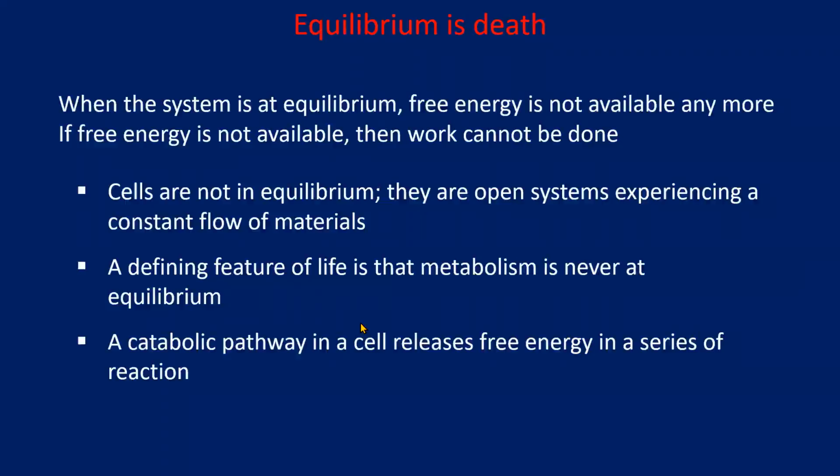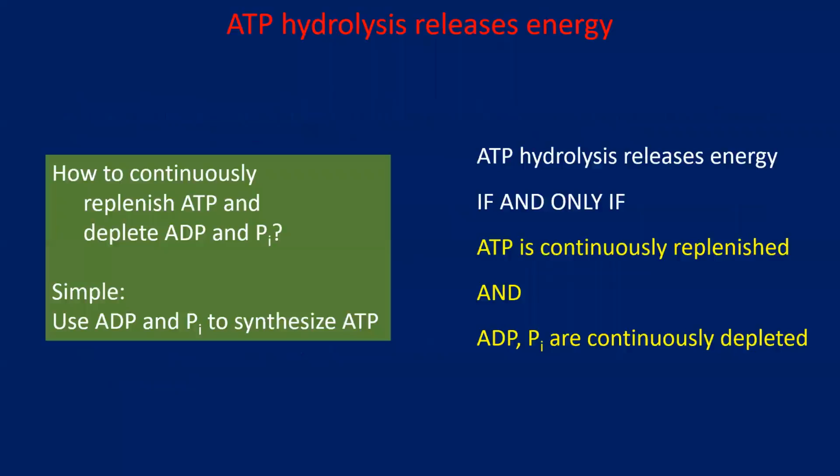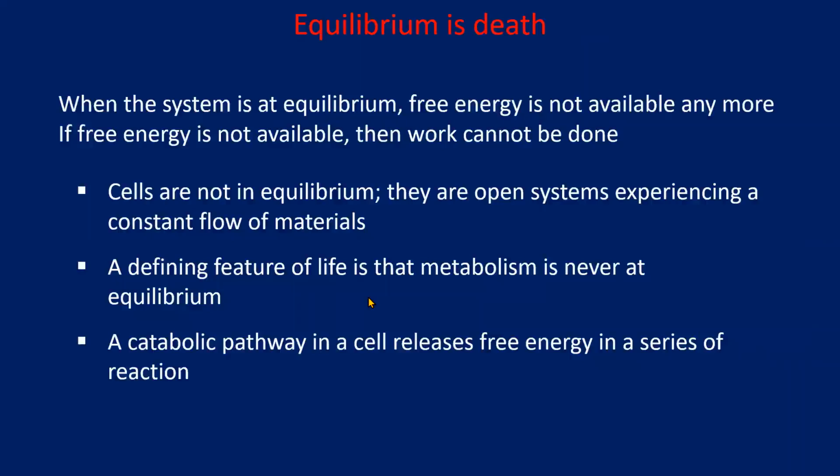If the number of ATP molecules is not replenished, or ADP and Pi molecules are not reconverted into ATP, then eventually there would be an equilibrium situation inside the cell. If you think about the cell as a thermodynamic system, and it has to survive, then it should not reach equilibrium.